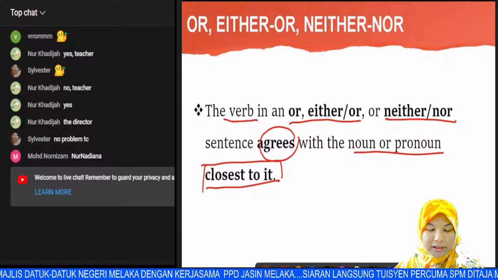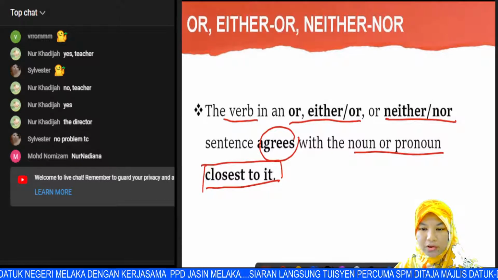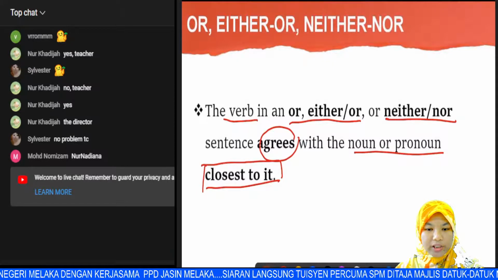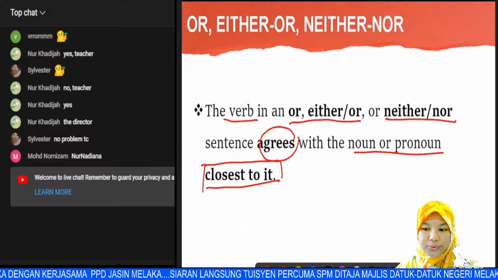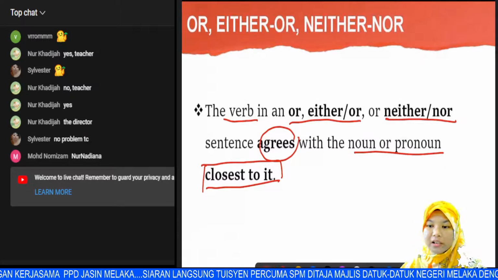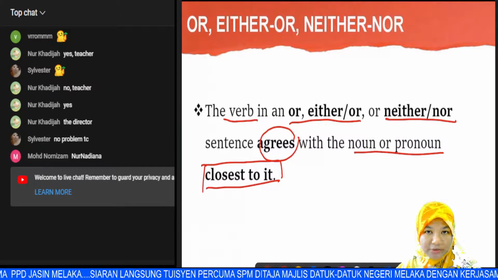This will be the situation when you have, maybe in a sentence, one singular subject and one plural subject.